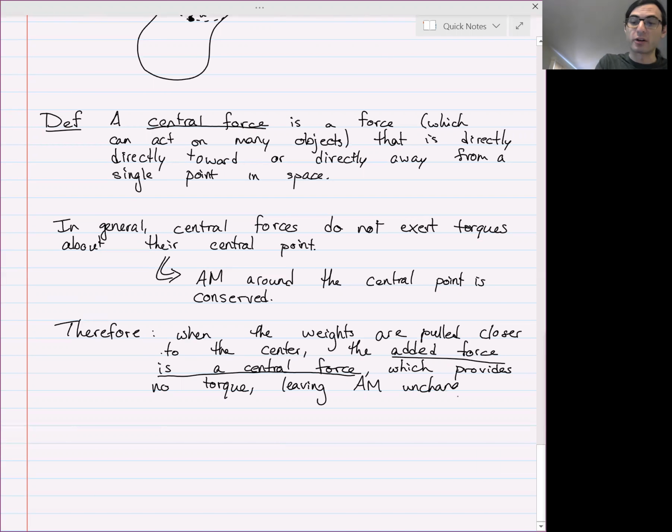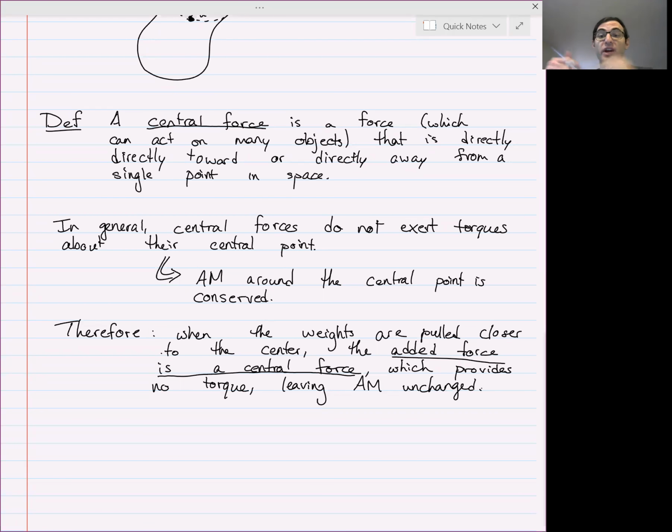But the trick here is that the angular momentum was conserved because the force I applied did no torque, because it was a central force. However, what did change was my moment of inertia. The moment of inertia of the system decreased because I brought mass closer to the axis of rotation.